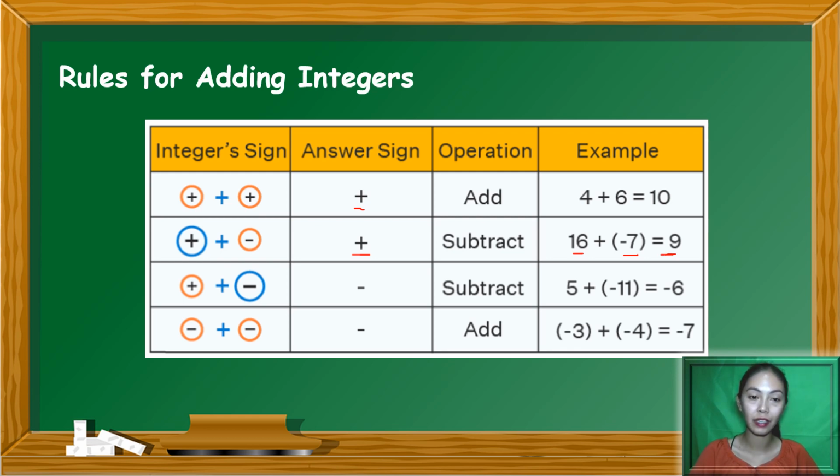Next, we have the same signs, positive plus negative, but in this case the sign of the answer is negative. Why?